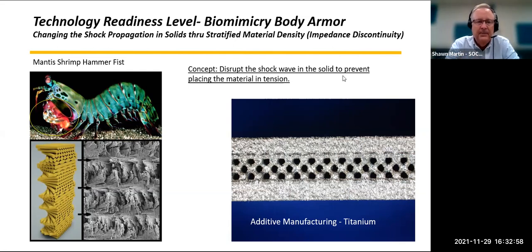And the concept is that through impedance mismatch or disruption, we could prevent the shock wave of the impact of the projectile from propagating to the surface, and it wouldn't travel all the way through to the back face and then echo back. And so you would never put the material into tension, only in compression.